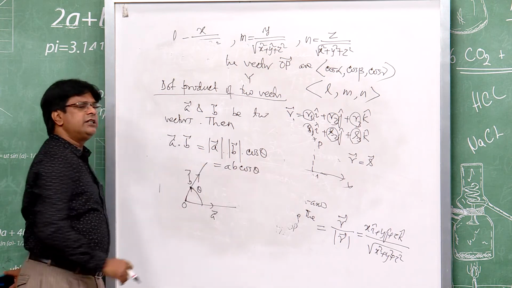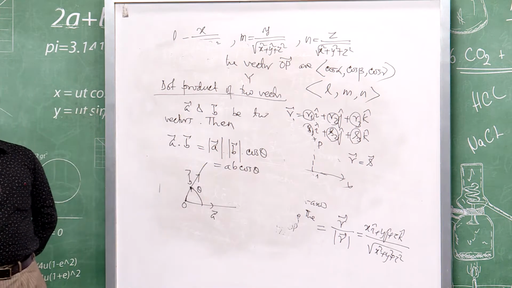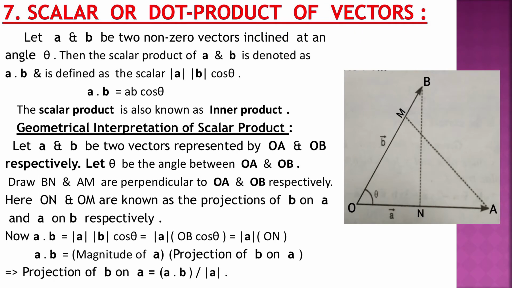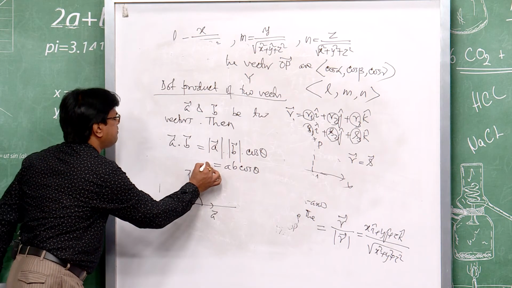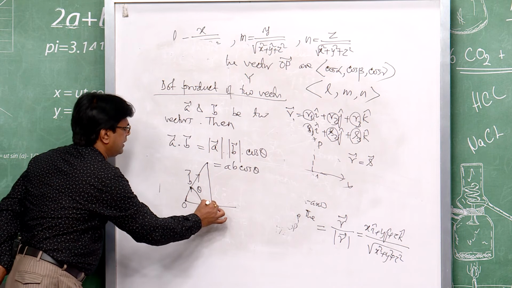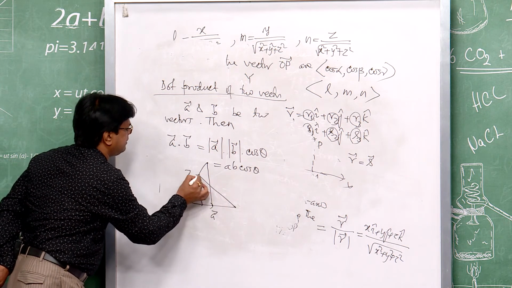The geometrical interpretation can also be drawn in this slide. You can easily verify from this, because A dot B is equal to AB cos theta, and we draw a perpendicular. Suppose this is a point, we draw a perpendicular, this is your projection, this is another projection.